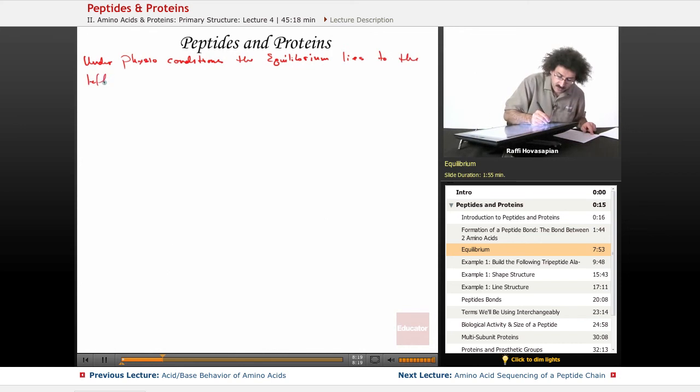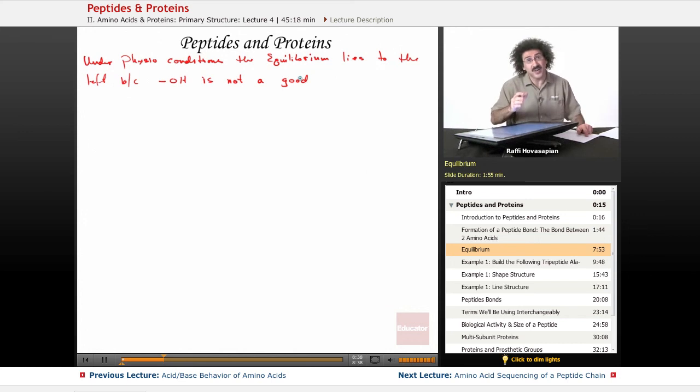In other words, it lies to the formation of free amino acids, not the peptide. And the reason that's so is because the hydroxy group is not a good leaving group. You remember that from organic chemistry. Just a straight hydroxy is not exactly a good leaving group. It doesn't just go away to make the reaction move forward and form the peptide bond.